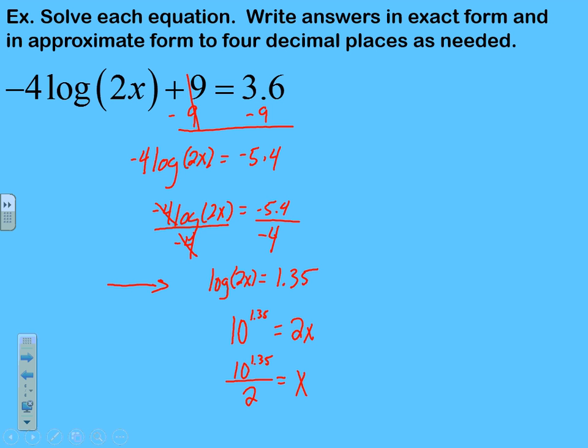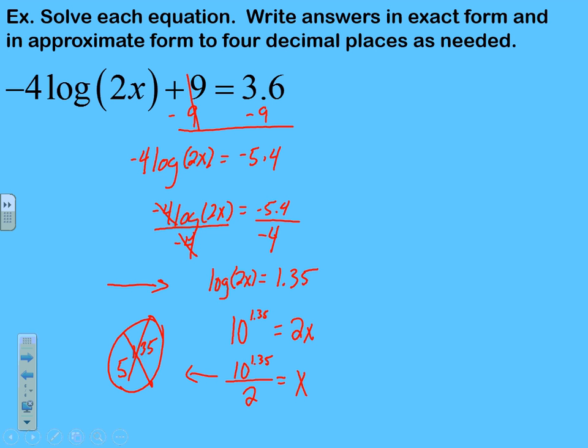That is something that we can very easily type into our calculator. Now, some of us might be tempted here to say that this is 5 to the 1.35 power, and that would be an absolute mistake because that would be a violation of order of operations. You would be dividing before you did your exponents, okay?